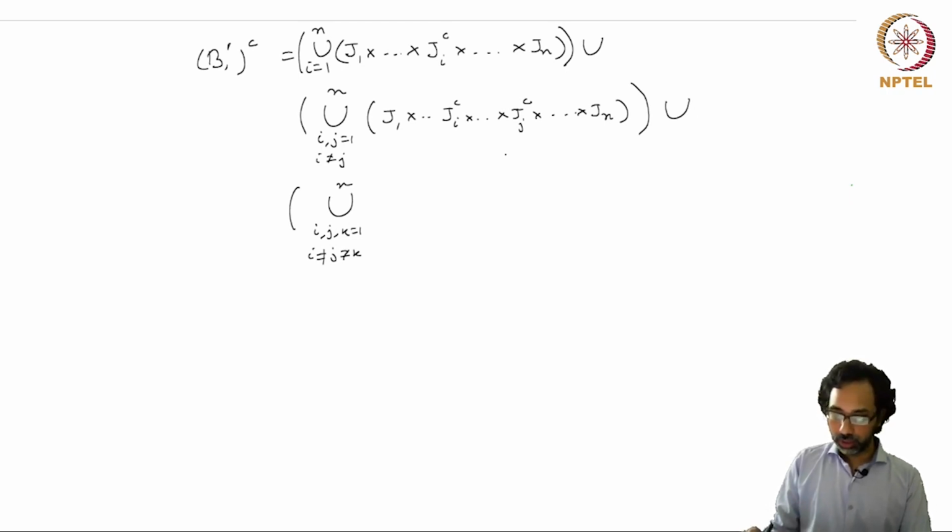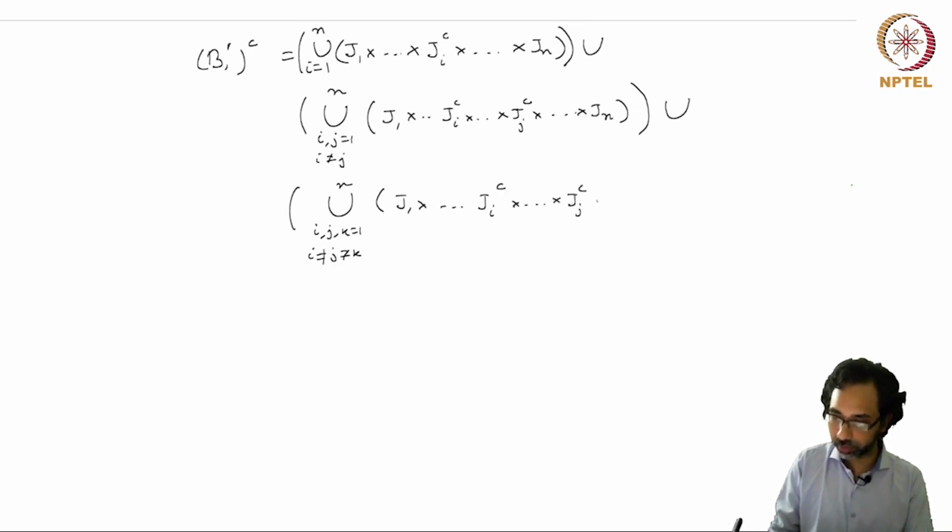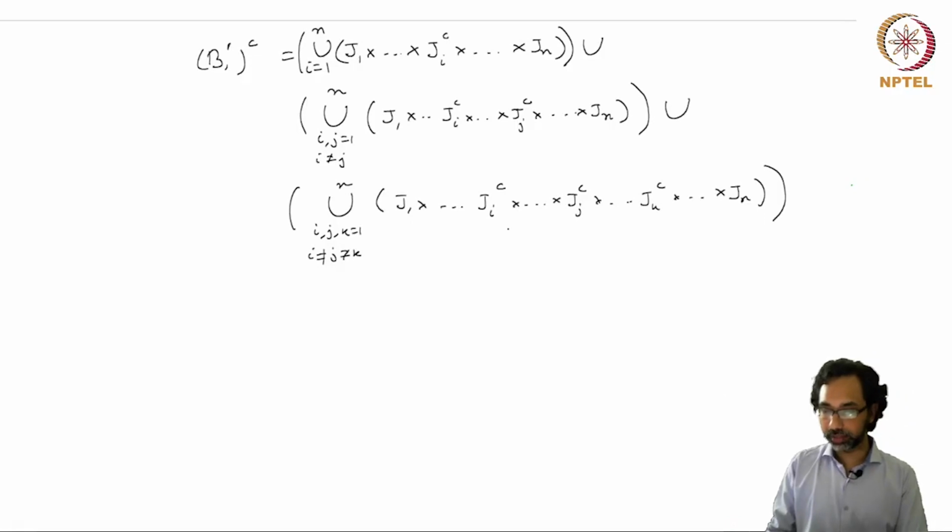So in the third step we will have J1 cross, so now we will have three coordinates with the complement, Ji complement, Jj complement and Jk complement, and the rest are the same.